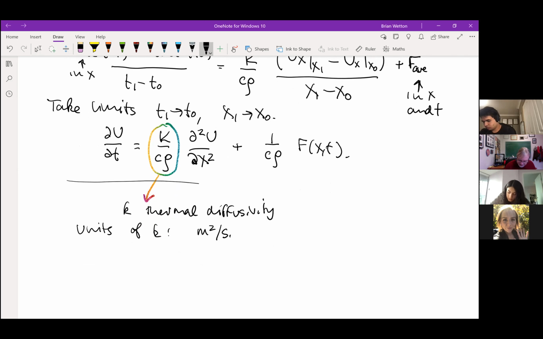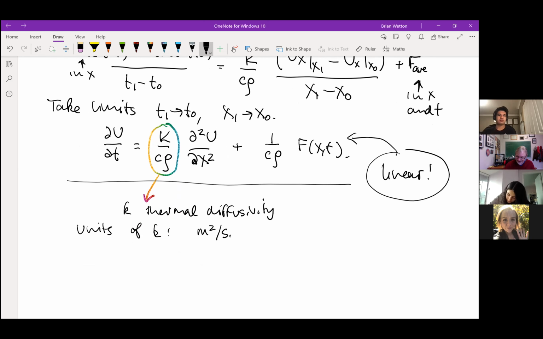So we've got this, and it's linear, right? So we don't have to do the work we did last time to linearize and look for small deviation solutions. Now, to be fair, there's already some linearization in here.